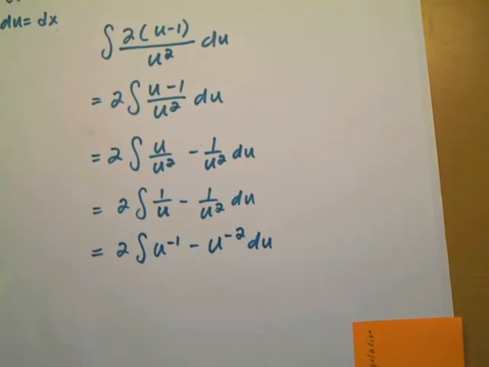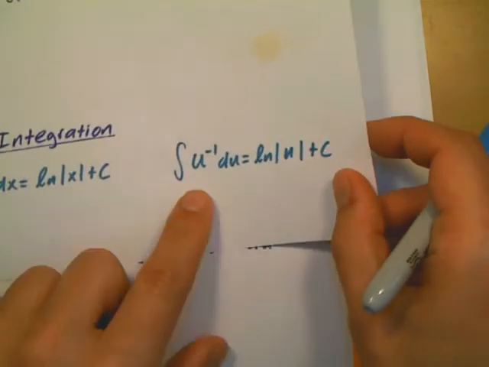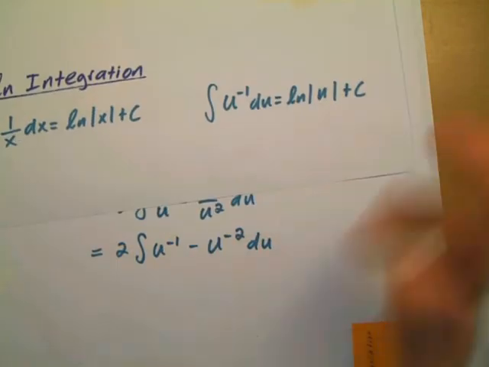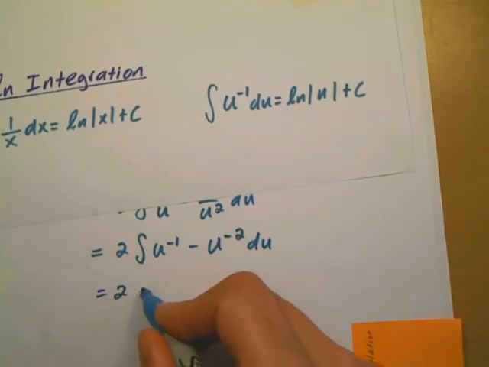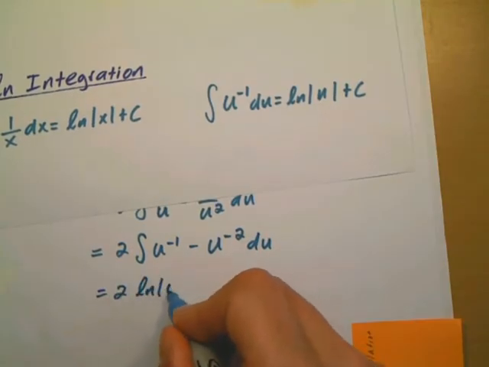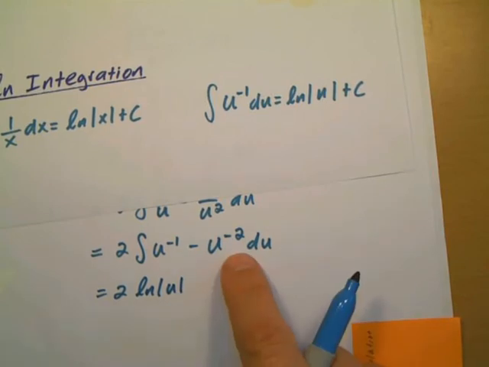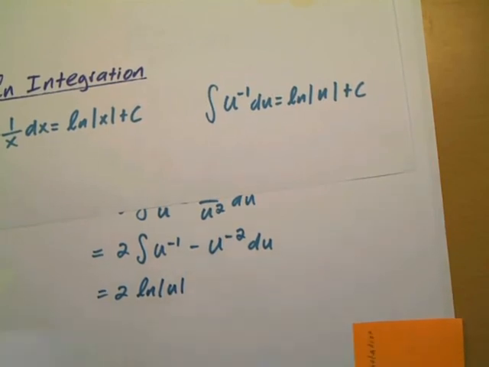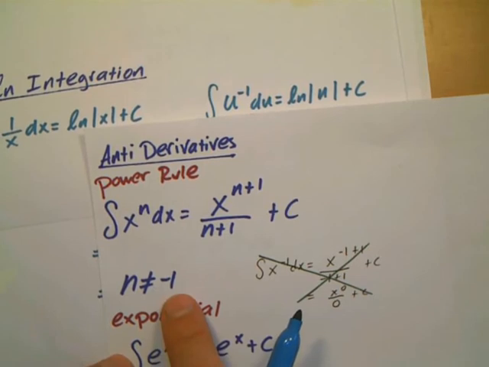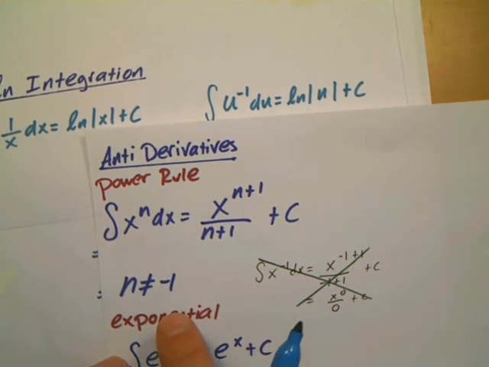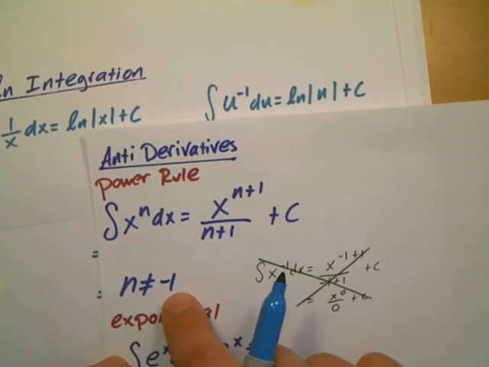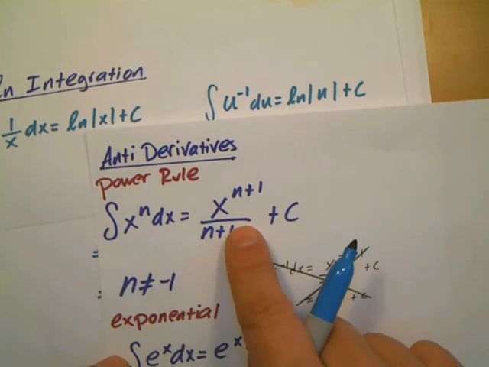Alright, and then I have to apply now the appropriate integration rule. The very first one is u to the negative 1, so it's going to be 2 ln absolute value of u. But this one, this is u to the negative 2. I can go ahead and use the power rule, because the power rule says as long as the exponent is not negative 1, I use this rule.